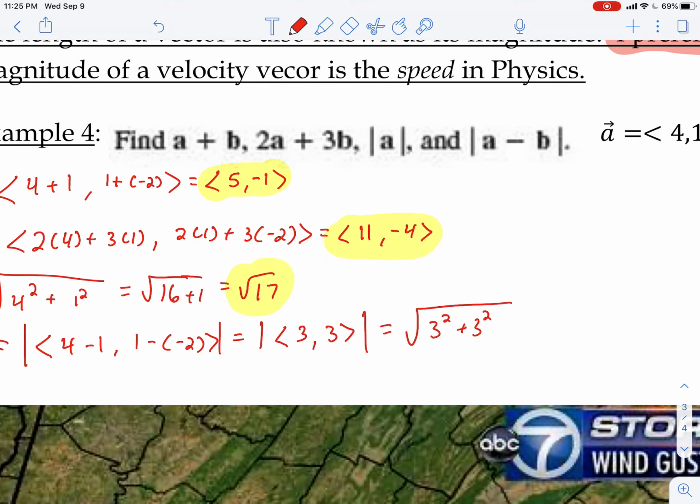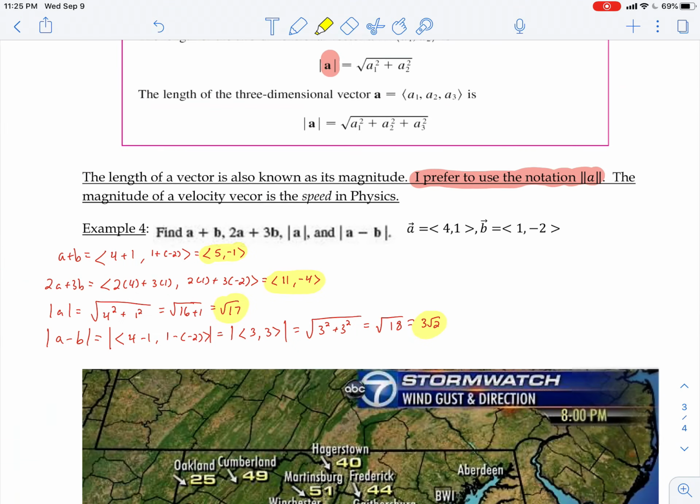I'm going to have 3 squared plus 3 squared. That's going to give me 9 plus 9. So I have the square root of 18. And of course, I can simplify that to being 9 times 2. Square root of 9 is 3, so 3 square roots of 2. And of course, that's a solution. Right? And that's the distance.